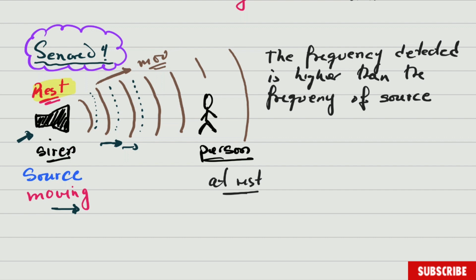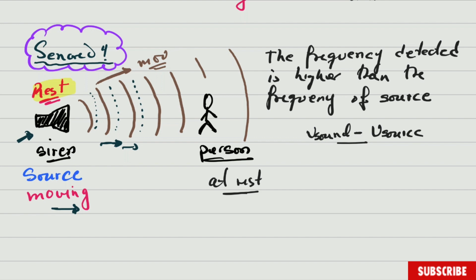The source is moving toward, compressing the wave, so the wavelength of this wave is shorter, but due to that fact, the frequency detected by the person is higher. So in this case, we're going to say that the speed of sound is going to be minus the speed of the source. That is the other scenario.